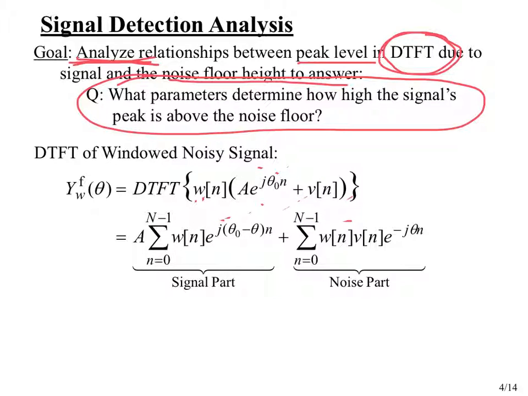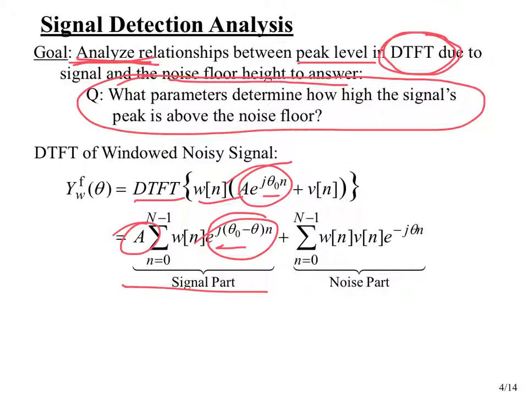So if we write out the DTFT of the first term, so the window times the sinusoid, we get something that looks like this. The A is a constant, so we can pull that out in front. So really what we're doing is the theta sub 0 ends up combining with the complex exponential from the DTFT. So we can use a property of exponentials to write it like that.